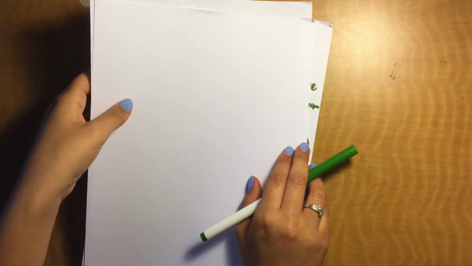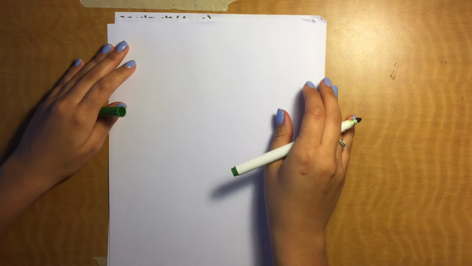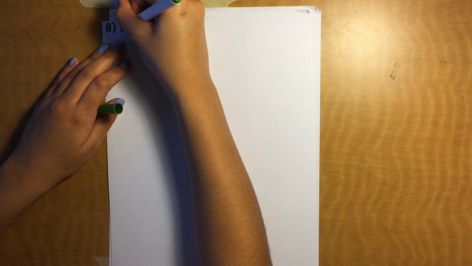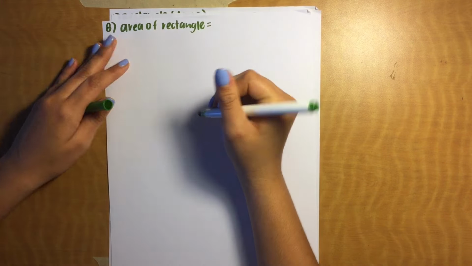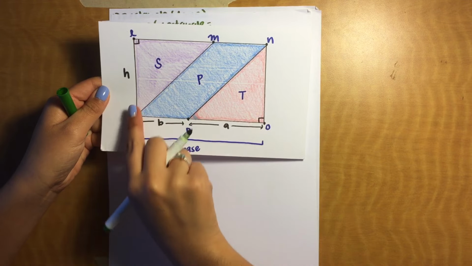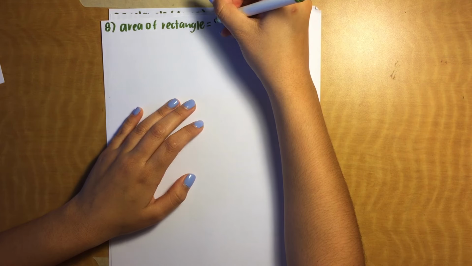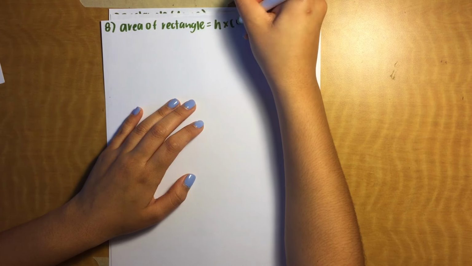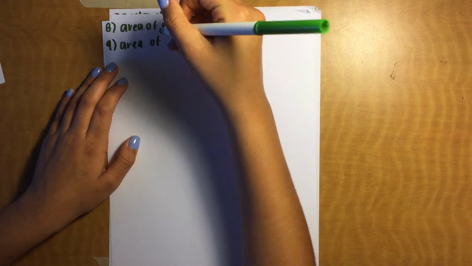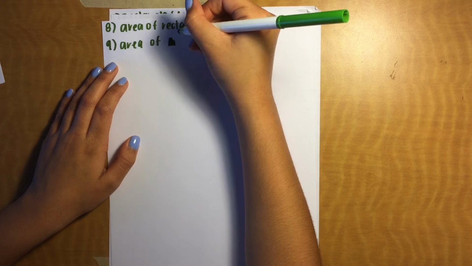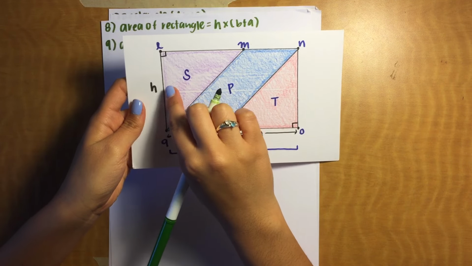So we know that the area of the rectangle is equal to the base times the height, so H times B plus A. And the area of triangle S is one half the base times the height.